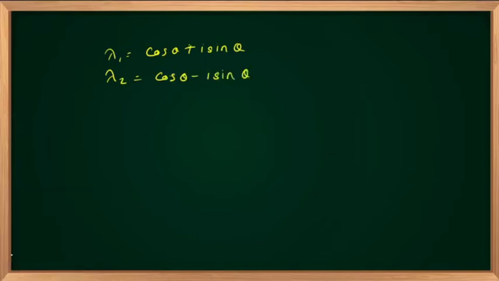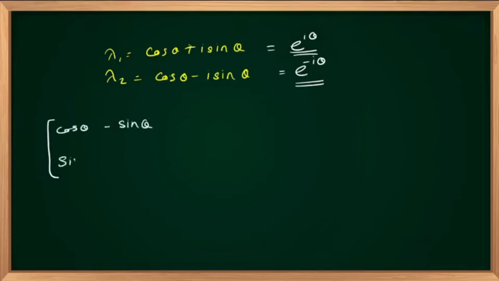I can write these as e to the power i theta and e to the power minus i theta. These are the two eigenvalues for this particular matrix: cos theta, minus sin theta, sin theta, cos theta.